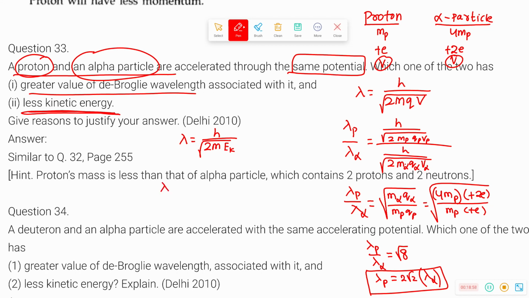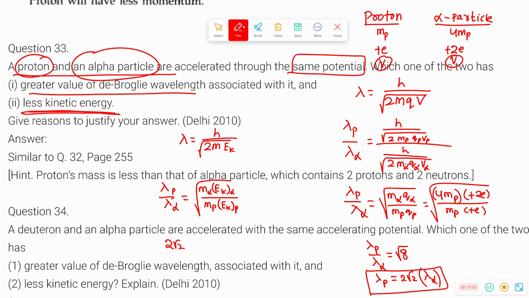Now if you want to check, lambda proton by lambda alpha is nothing but, I can write, root of mass of alpha into kinetic energy of alpha divided by mass of proton into kinetic energy of proton. Root will be there. Now listen. This relation you already know: lambda proton by lambda alpha is 2 root 2.